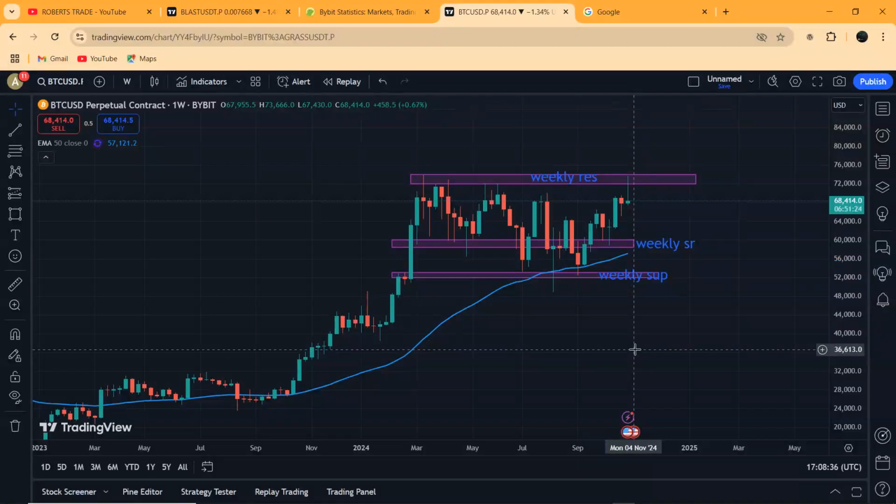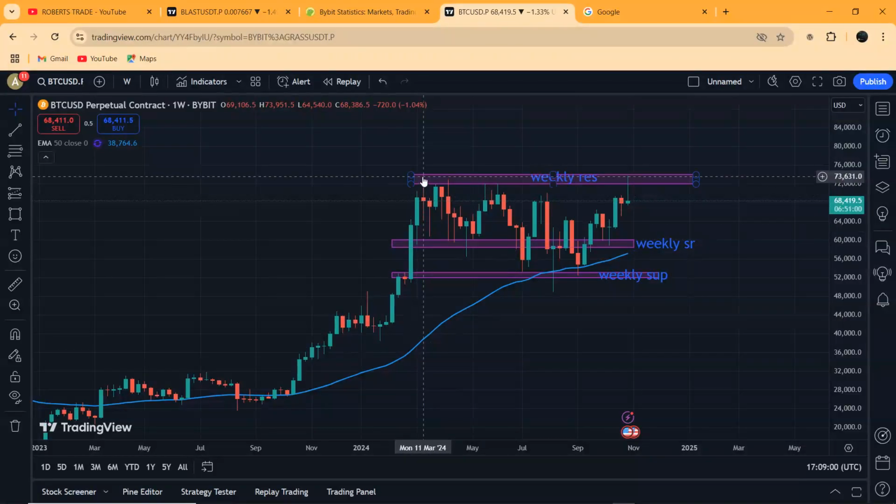You know that these weekly candles take a very long time to form. And if it takes a very long time to form, it means that this weekly candle is very useful and very powerful to determine what is happening in the market. You take a look at it.